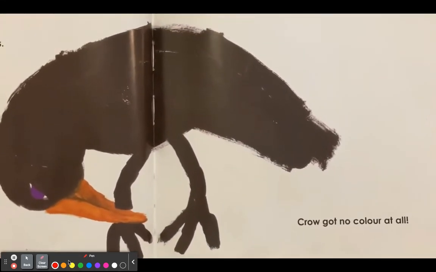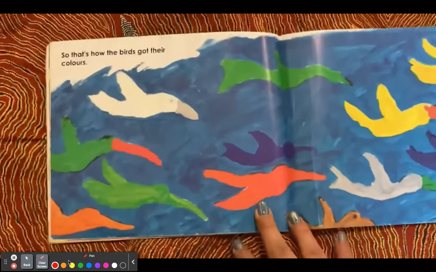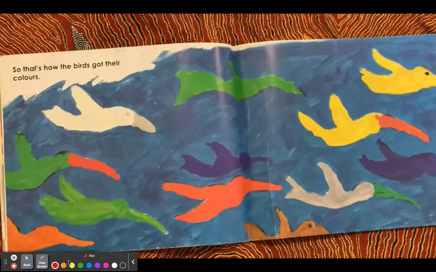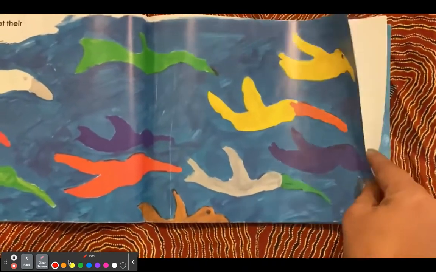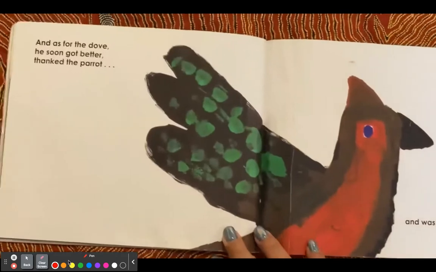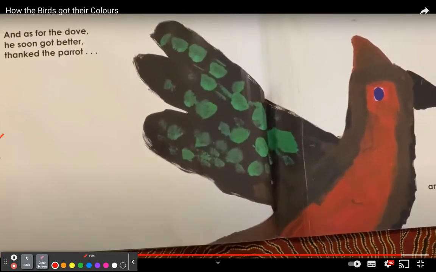Crow got no colours at all. So that's how the birds got their colours. And as for the little dove, he soon got better.